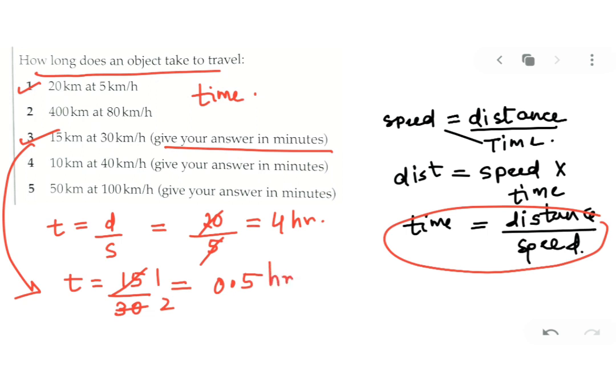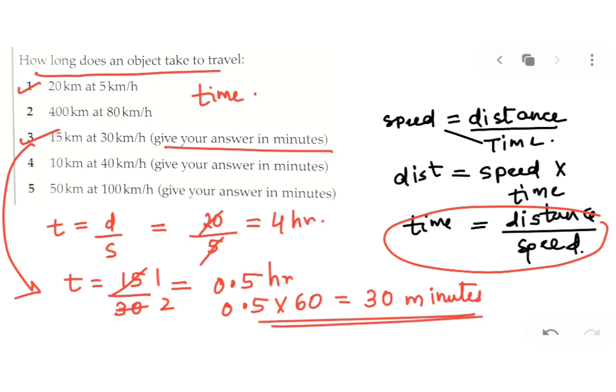But whenever you want to convert into minutes, you have to multiply with 60. So 0.5 into 60. And that will be 30 minutes. So you have given your answer in minutes. Got my point clear? Can you finish off the rest?